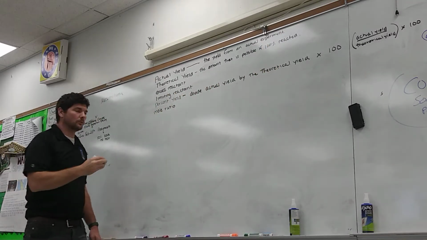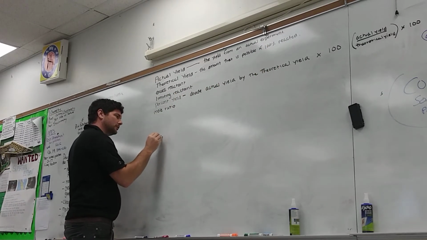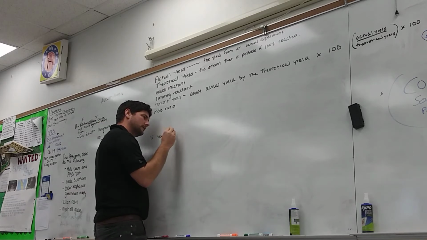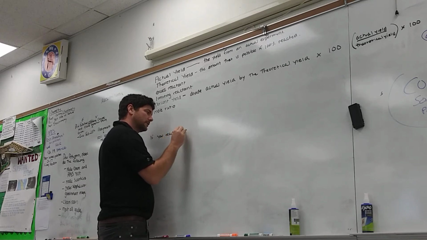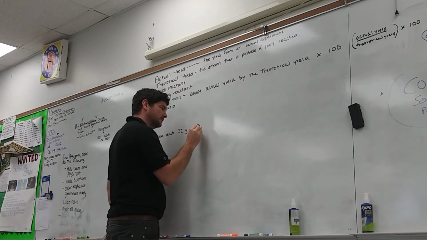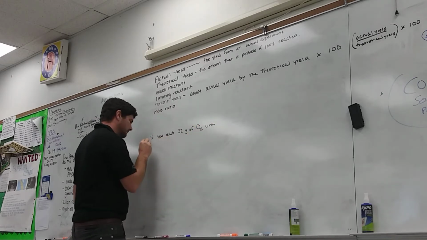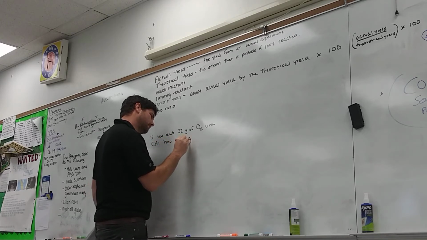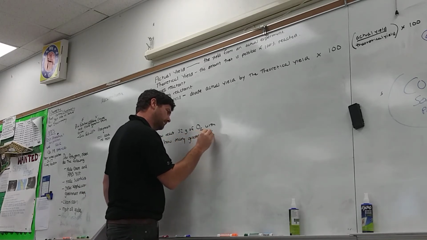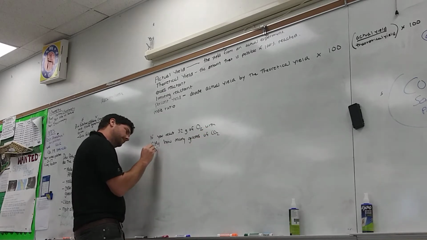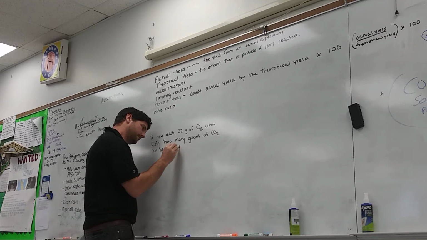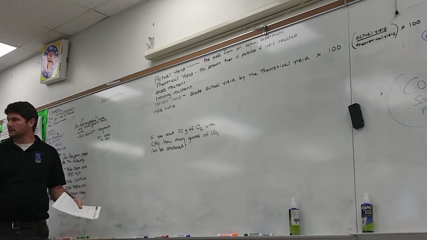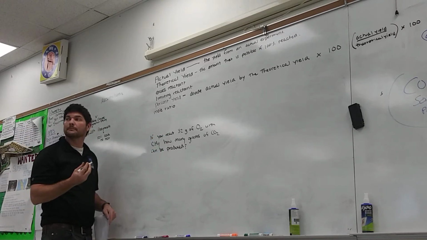Okay, let me ask you this. What if I say you react 32 grams of oxygen with methane? In a stoichiometry question, with 32 grams of O2, the first thing you do is divide 32 by 32, because that's the molar mass of O2.